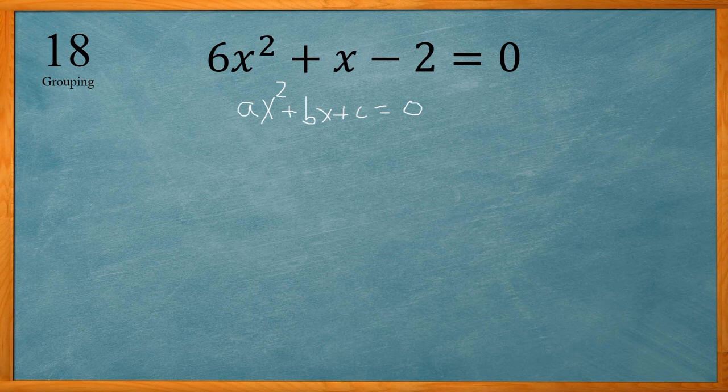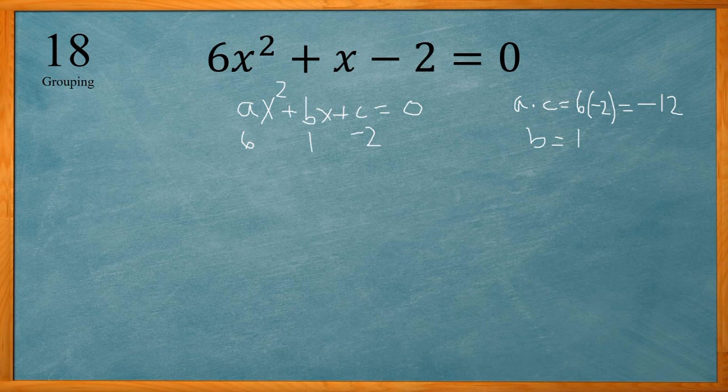Now when you have a above 1, in this case a is 6, b is 1, c is negative 2, what we're going to do, we're going to take a times c. It's going to be 6 times negative 2. It's going to give me negative 12. And our b is 1. So I want to find two numbers that multiply to give me negative 12 and add up to 1.